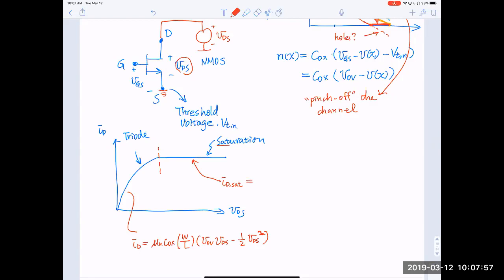You'll find this is equal to 1/2 mu n Cox W over L times V overdrive square. So it's a very simple expression. And note that it is independent of VDS because it's a straight line. Once the channel pinches off, further increase of the drain voltage, to first order, does not change the current.